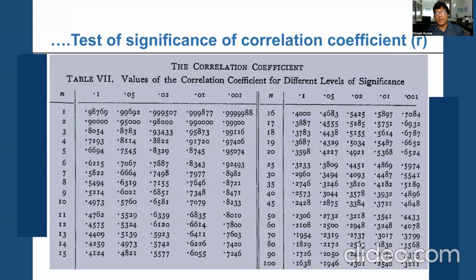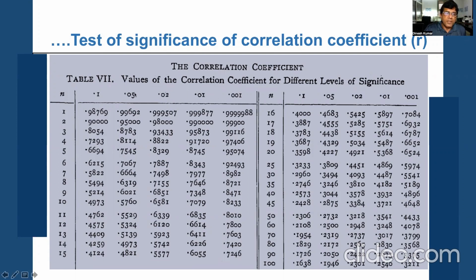Here is the correlation coefficient table, and your degrees of freedom is 2. This side is your level of significance. You want 0.05, which means 5%. Here 0.02 means 2%, 0.01 means 1%, and then 0.001 means 0.1%, and so on. If you multiply these values by 100, you get percentages.